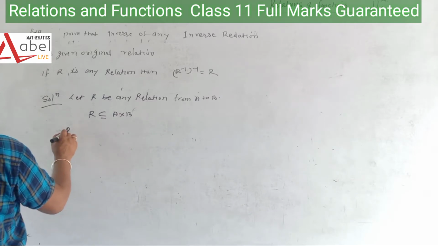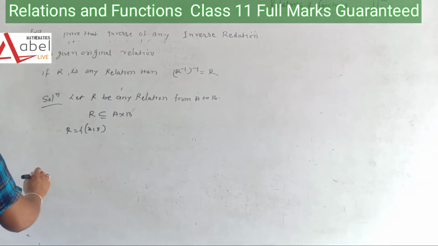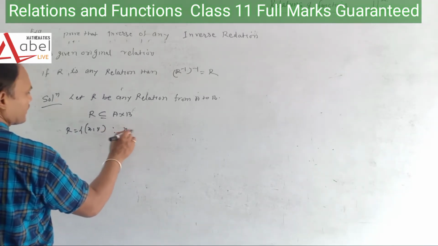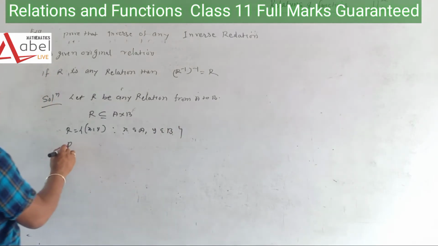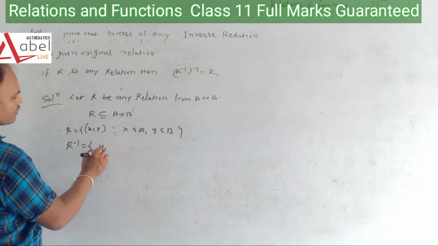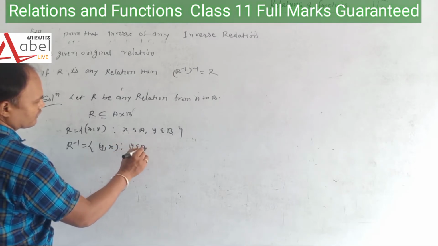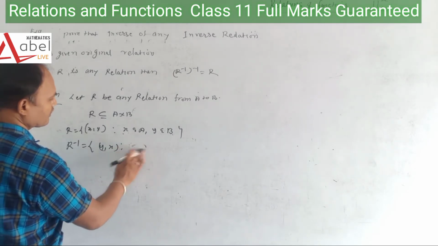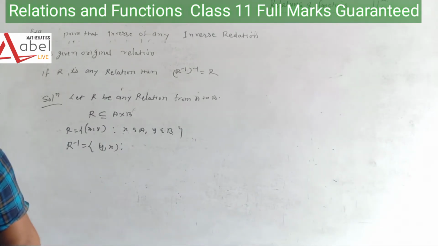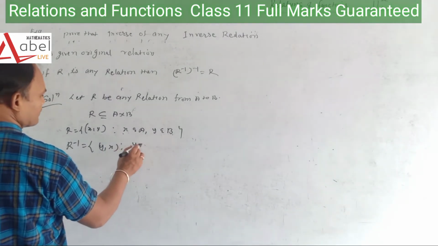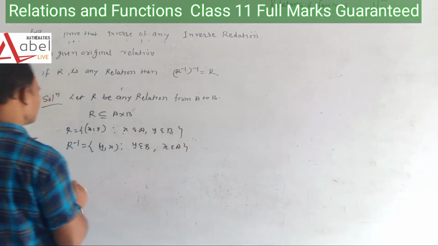It means R equals {(x, y)} such that x belongs to A and y belongs to B. But when we talk about R inverse, we get (y, x) such that y belongs to B and x belongs to A, just the opposite.